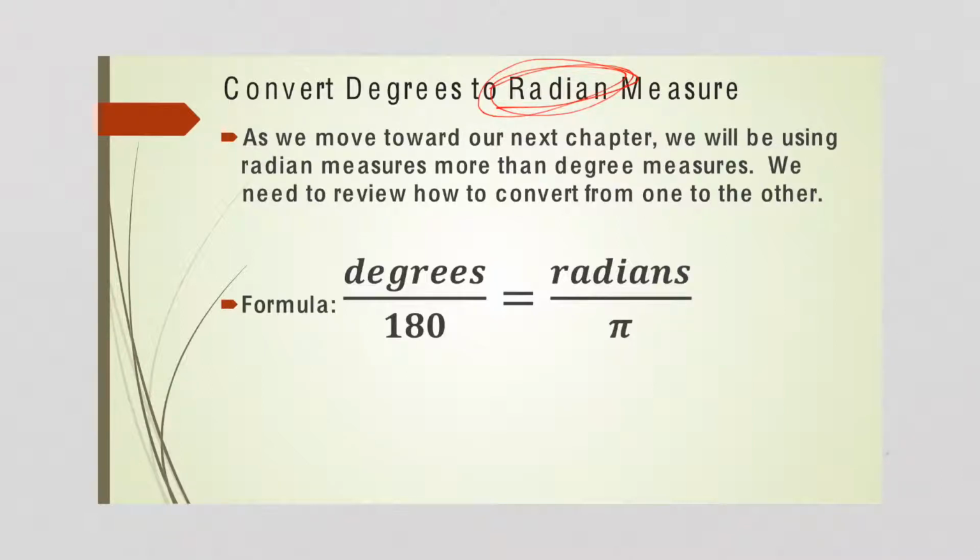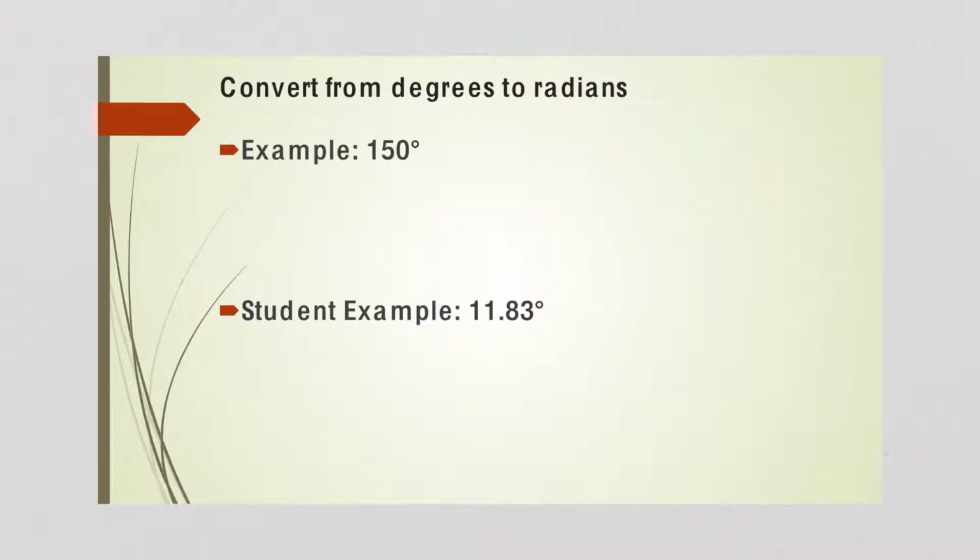Okay, and now that I have a proportion, as Mr. Luke likes to, we can cross multiply and divide. So let's do a couple examples. If I have 150 degrees, I'm going to do 150 divided by 180 equals my radians, which I don't know, so that's my R, over pi.